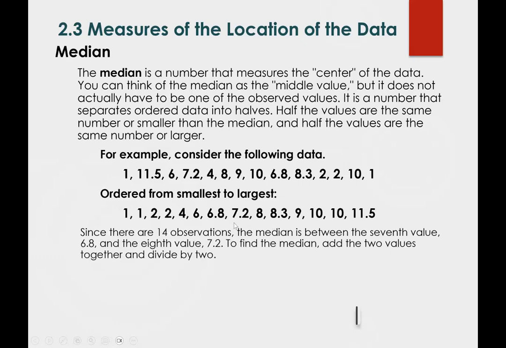And I can see that it would be 6.8 and 7.2 right in the middle there. So the median is going to be between the 6th and the 7th value. So add those together and find the average or the mean. I'll go ahead and do that. And we get 7. So again, that's the middle value, even though it's really not one of the actual values.